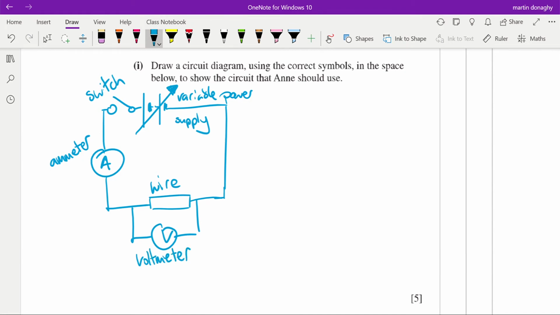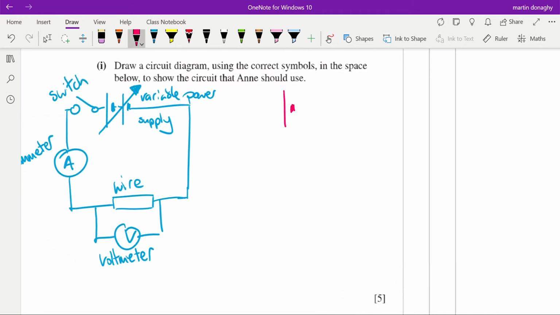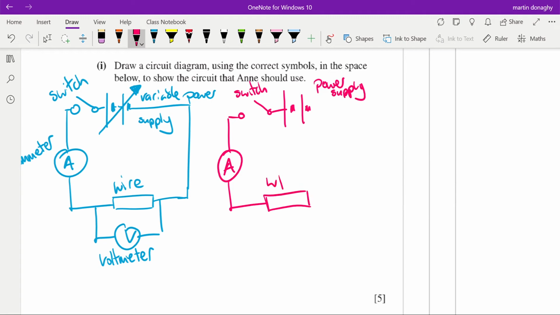Or the other circuit you could use, like we said, could be one that has a fixed power supply. Everything else is the same. We have our switch. I won't label these because they're labeled on the other side. We have our wire that has a voltmeter across it.